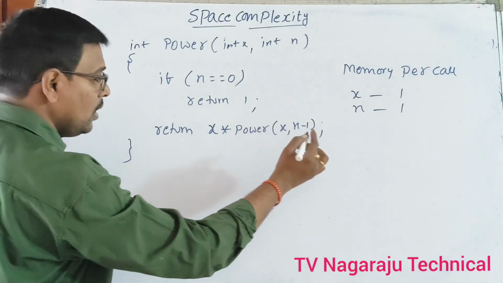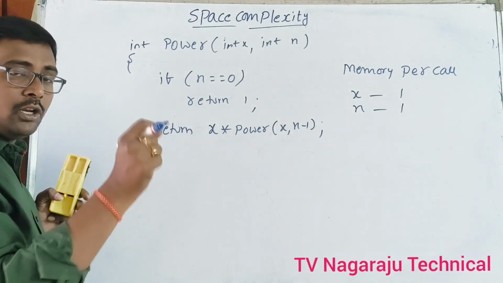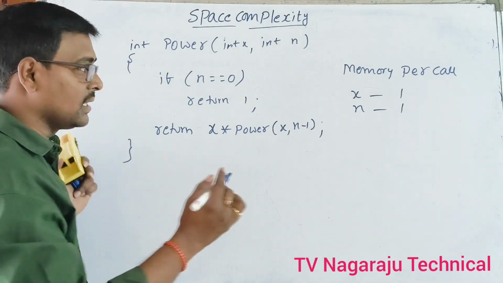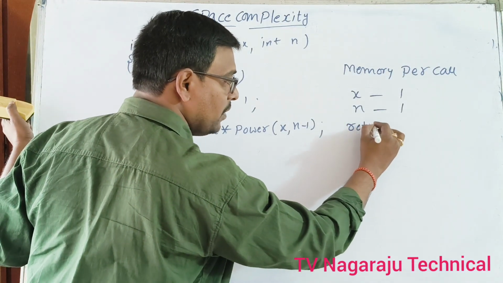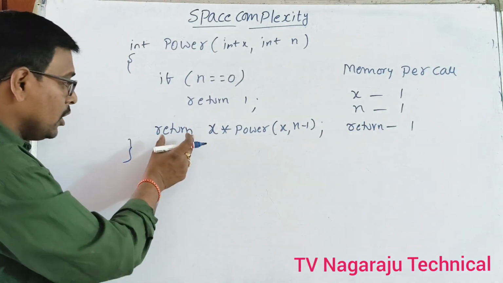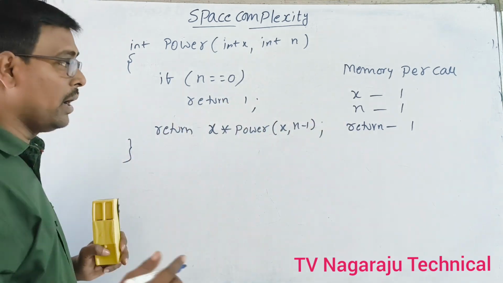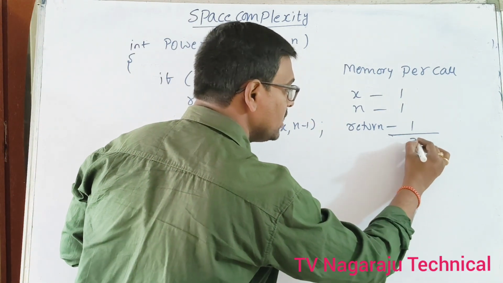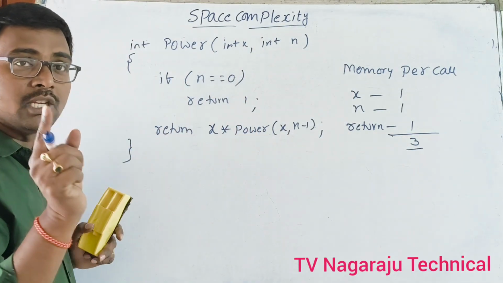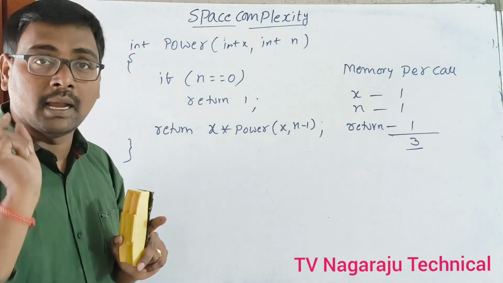And always remember, you need to store the return address in a recursive call. So the return address is 1. In total it needs 3 memory locations per call.